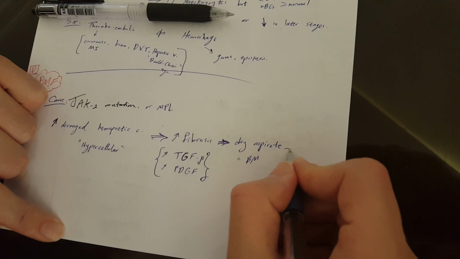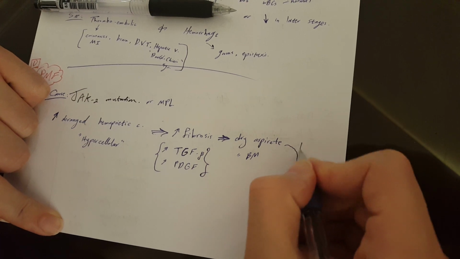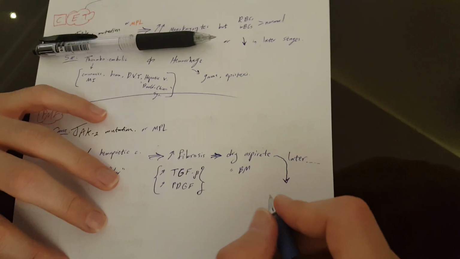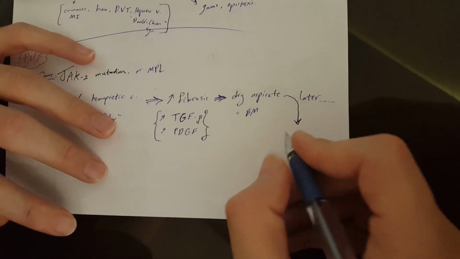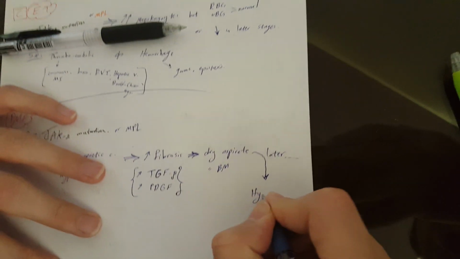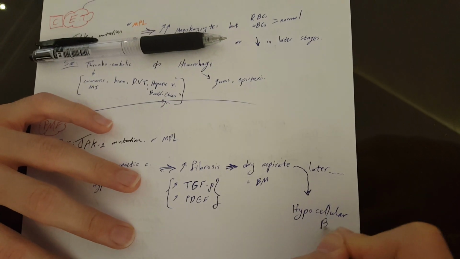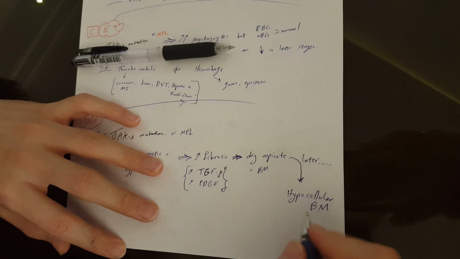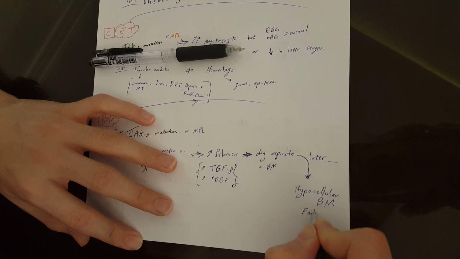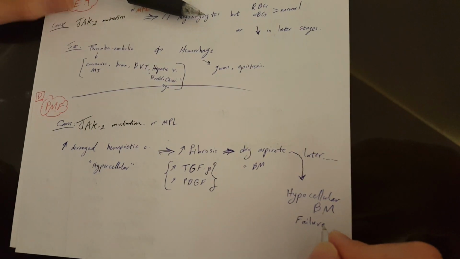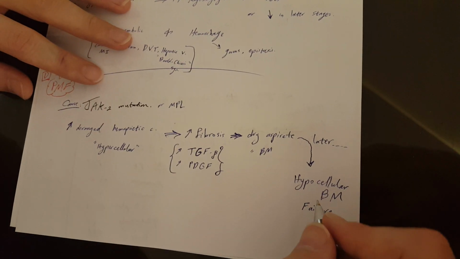Meaning in later stages, it will be hypocellular bone marrow. This is the stage of failure.